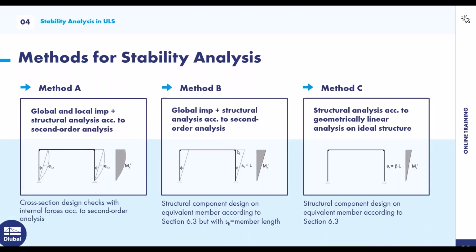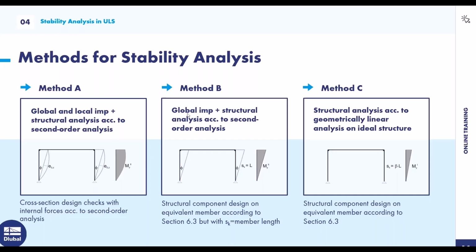Okay, methods for stability analysis. There are 3 methods. Method A: you have to apply a global and local imperfection, and the structure analysis should be done with the second order analysis. Then you can do the cross-section design checks with the internal forces.